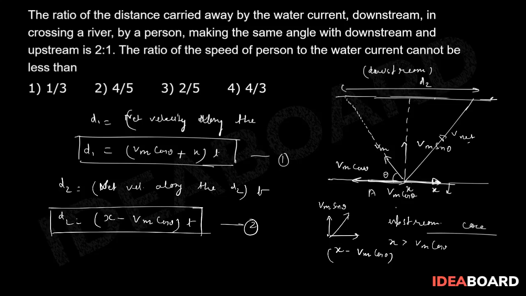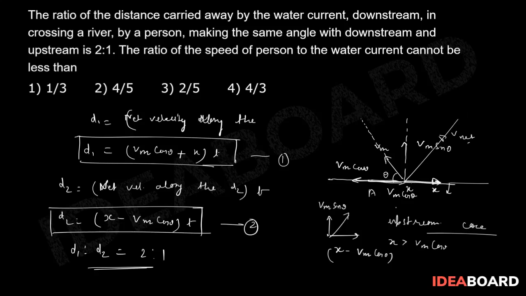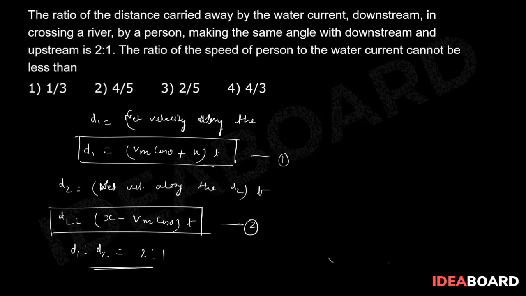Now we have been provided that d1 to d2 is equal to 2 to 1. So let us utilize that fact. Let us take the ratio of the expressions from equation 1 and 2.